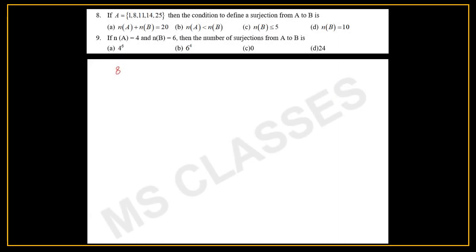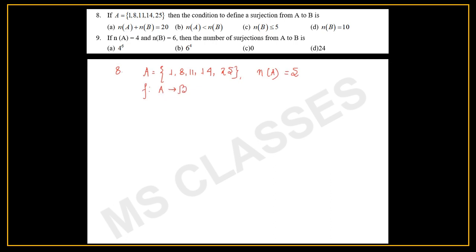We take question number 8, where it is given that set A has elements 1, 8, 11, 14, and 25. That is, it is a finite set with cardinal number 5. Now, here we have to define all the functions from A to B which will be surjective.